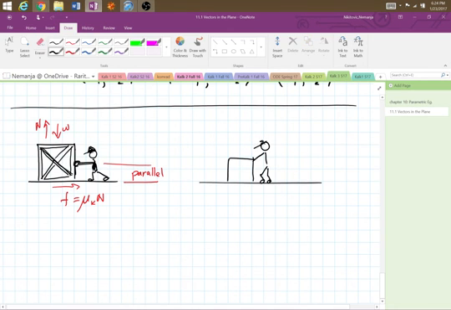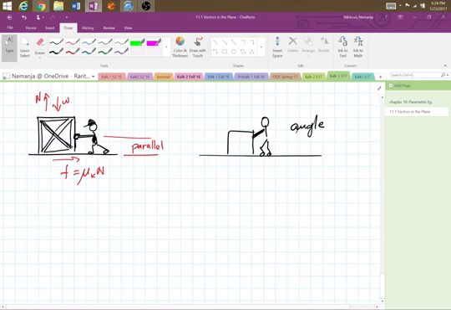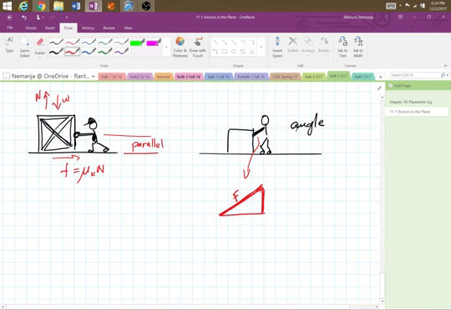Now we see that there is an angle, and that angle will create a triangle like this. So this is the arm length, and the force is going that way, which is decomposed into the X force, which is the one that actually does work, and the Y force, which is wasted because you can't push this object into the ground.